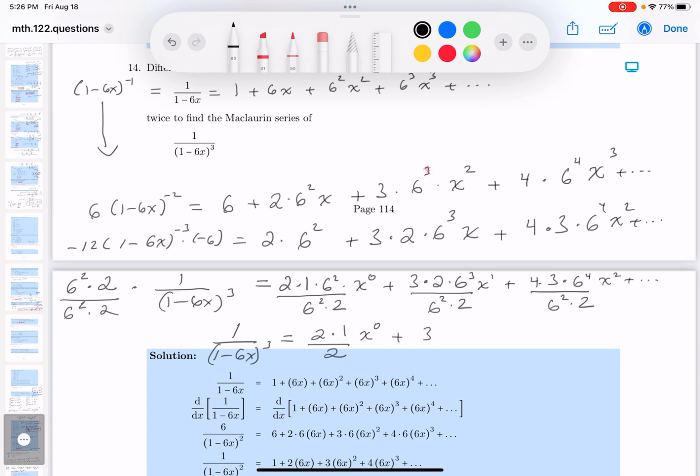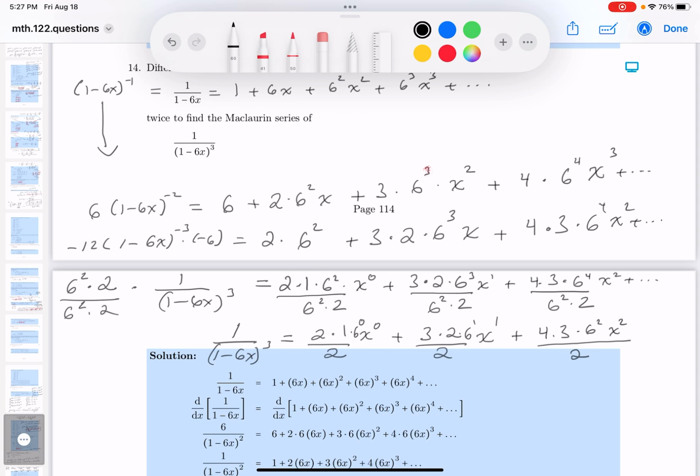Plus 3 times 2 over 2, 1 factor of x. Whoops, sorry, I forgot somebody. That's going to be a 6 there. And I'll put a 6 to the 0 here. That's a 6 to the 1. Let's put the next one down. 4 times 3 times 6 squared, x squared, over 2.